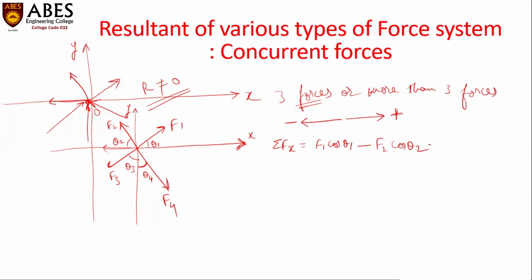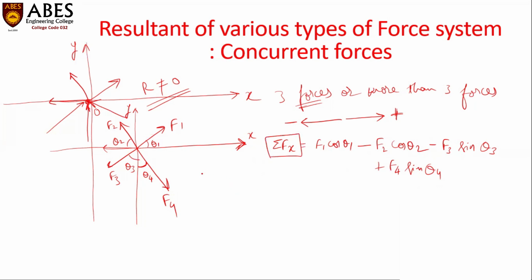So we can write, minus F3 sine theta 3. And similarly, we can mention the horizontal component of fourth force F4 also. It will be sine theta and it will be towards right, positive, plus F4 sine theta 4. So this is the net sum of all the horizontal components of these forces. It will be represented as sigma Fx.